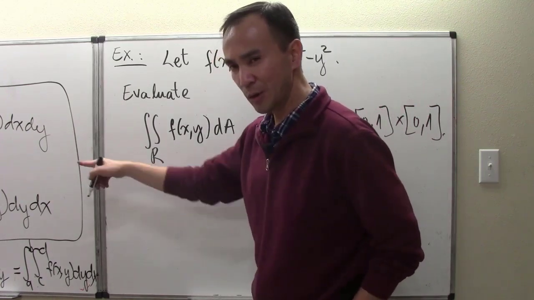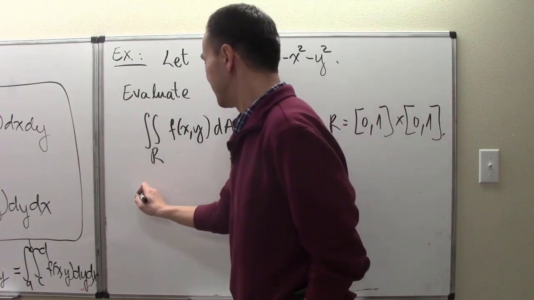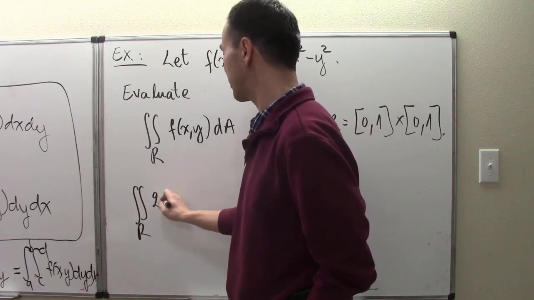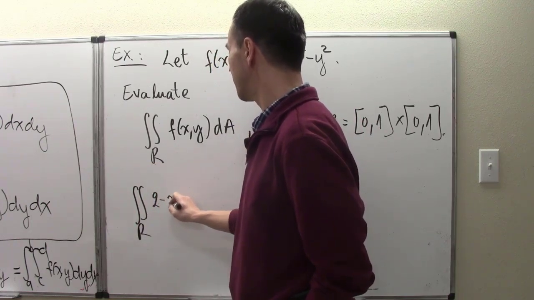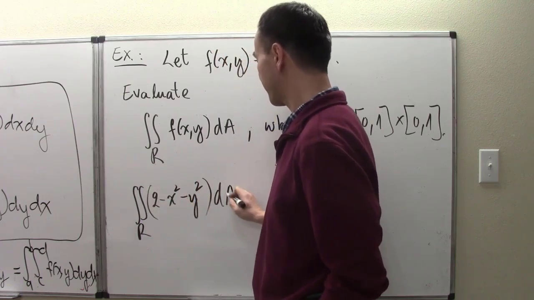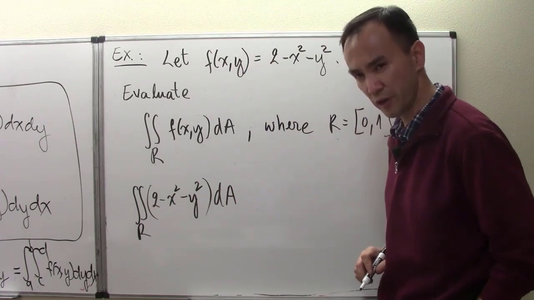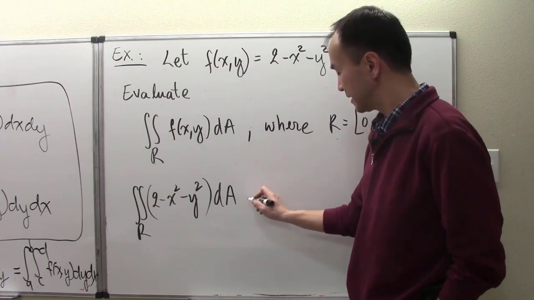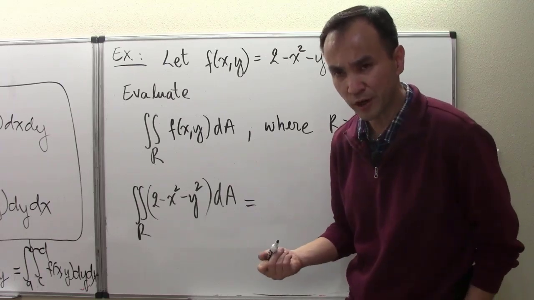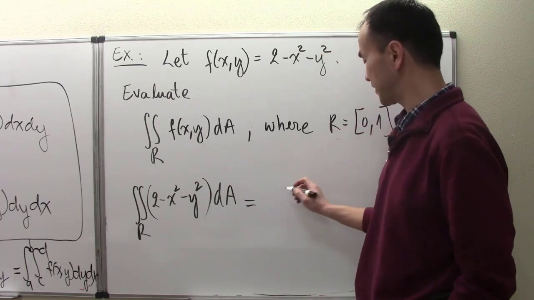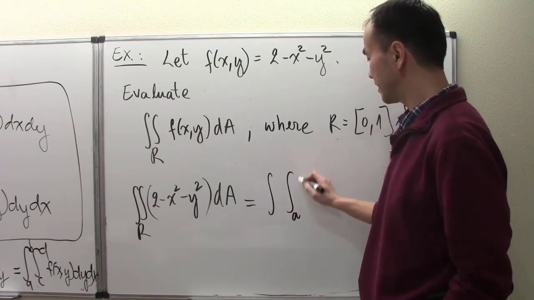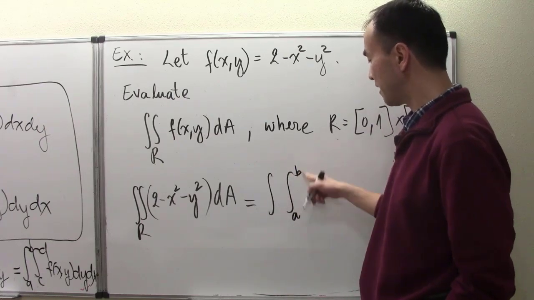So according to Fubini's work, the double integral over the region R of this function, 2 minus x squared minus y squared, dA. So that's the double integral. But then Fubini's theorem said that we can, as a choice, since I'm more comfortable with starting out with the dx first, I'm going to produce one integral from an iterated integral with a to b on the x-axis first.